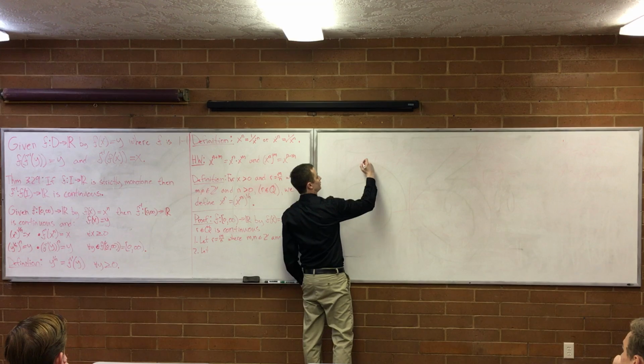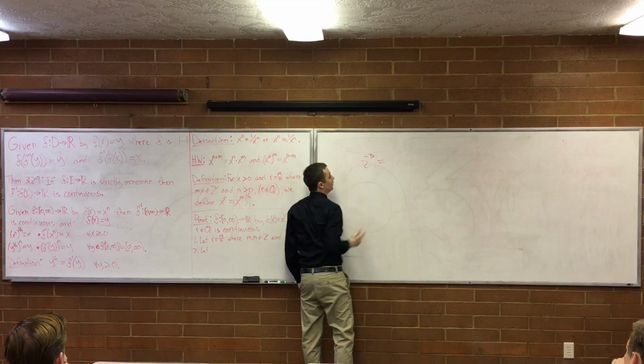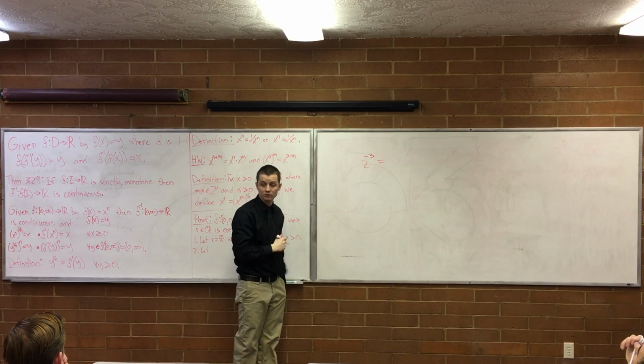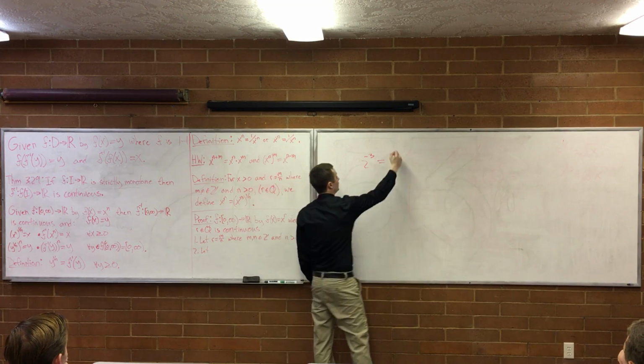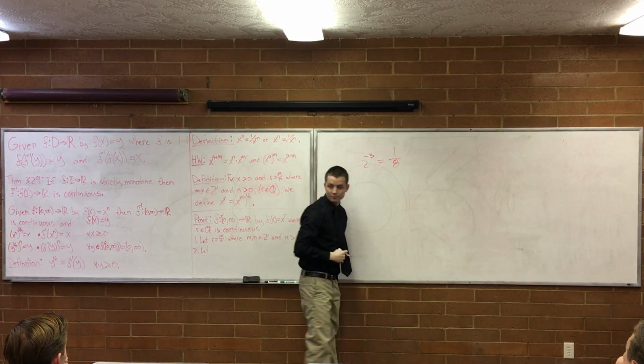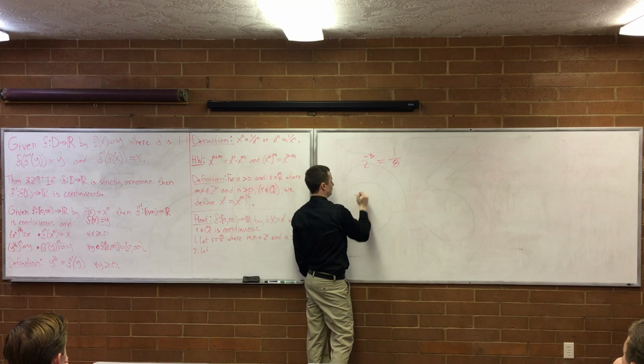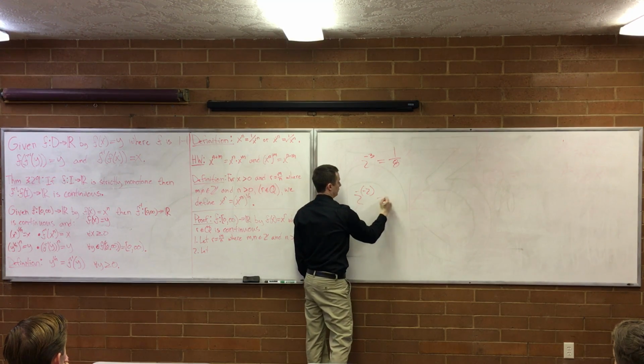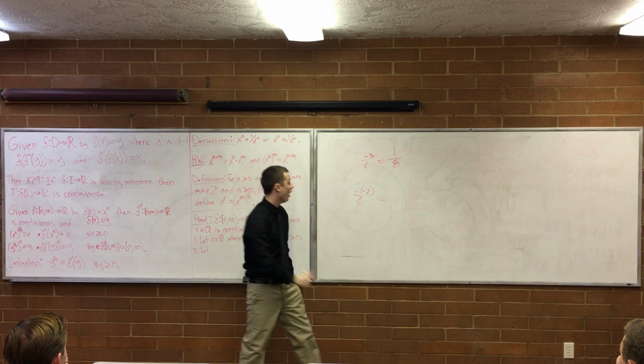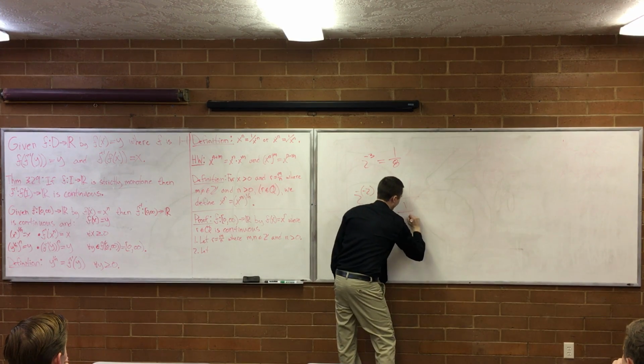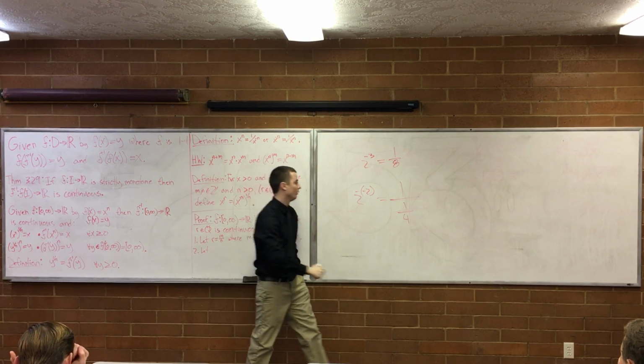So now, what's 2 to the negative 3? 1 over 8. Easy peasy. What's 2 to the negative 2? 4. No, that's 1 over 4. Oh, 1 over 4.